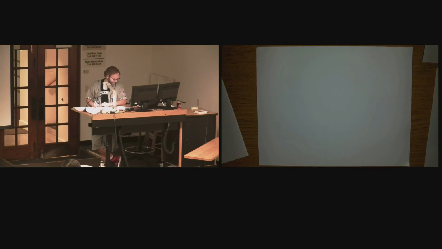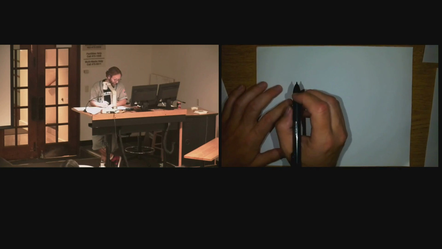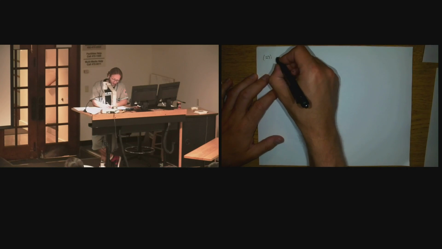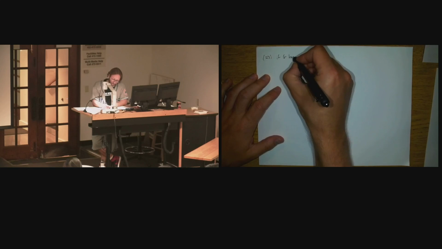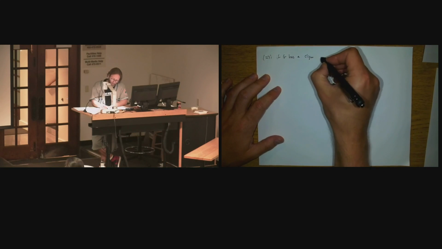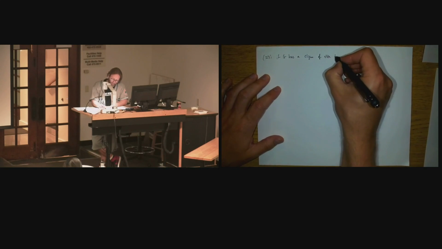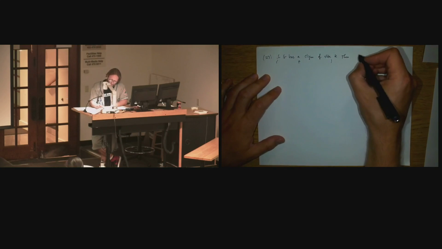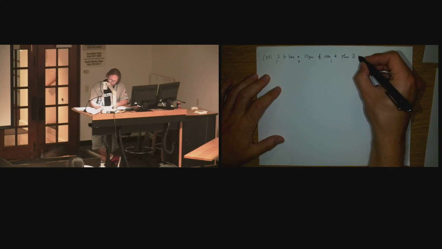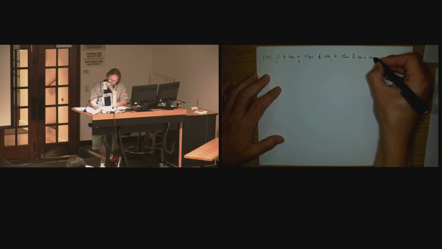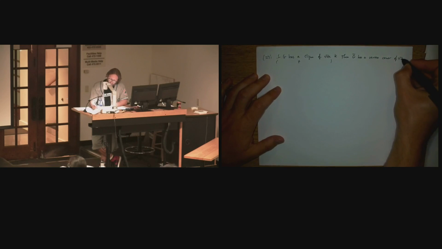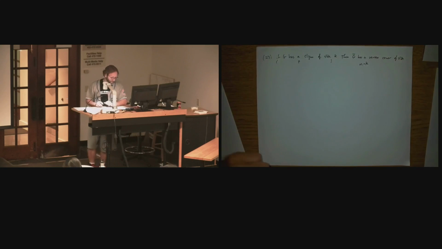All right, so here, again, our claim. So we're going to prove it one way. We're going to show that if G has a clique of size k, this is P, then G complement has a vertex cover of size n minus k. That's the one direction, then we'll go the other direction, okay?